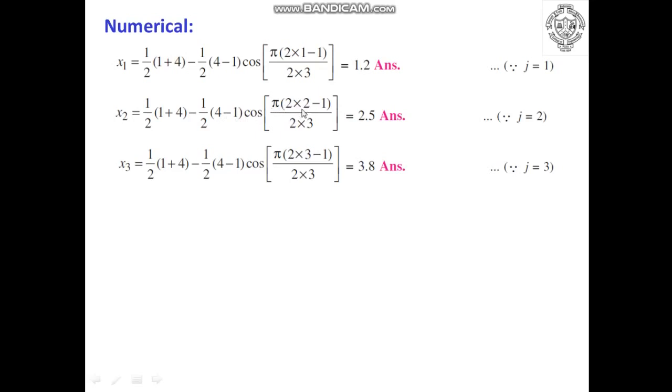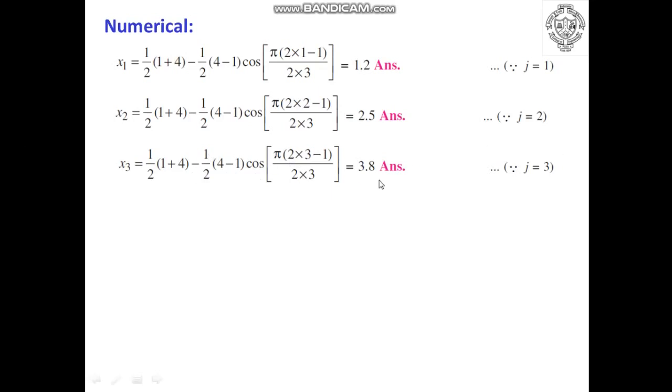So 2 into 2 minus 1 divided by 2 into 3. The answer is 2.5. Similarly, now replace j with 3. So you get x3 equal to 1/2 (1 + 4) - 1/2 (4 - 1) cos(pi (2 into 3 - 1) / (2 into 3)).